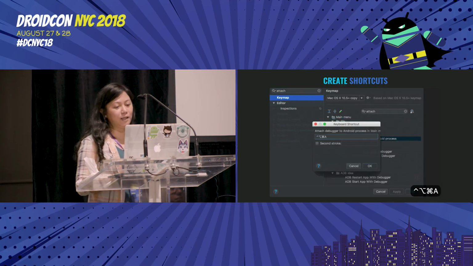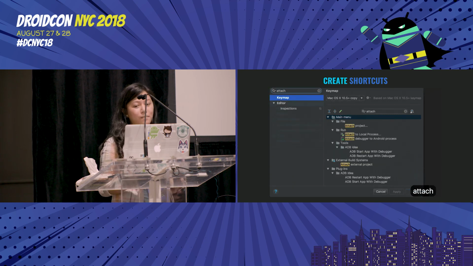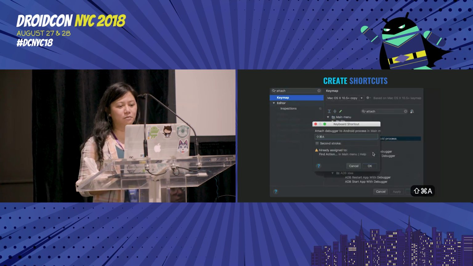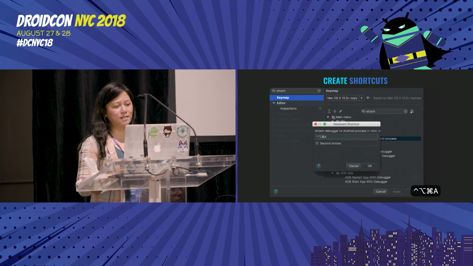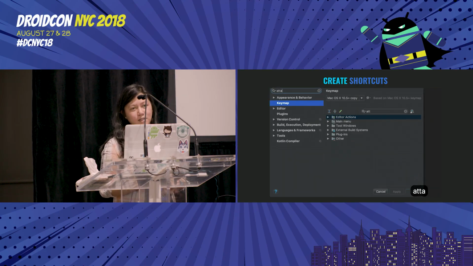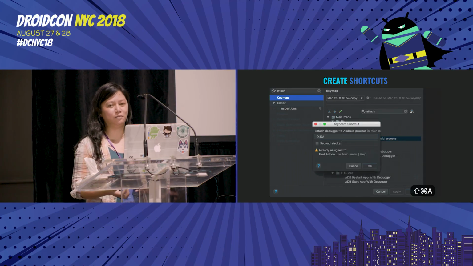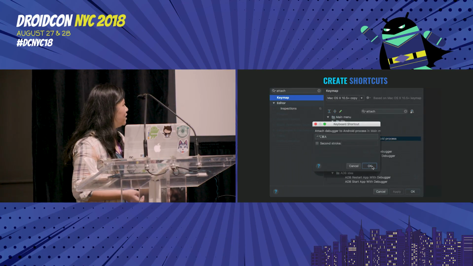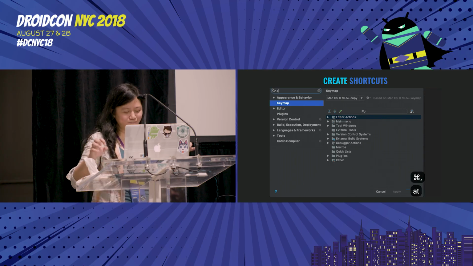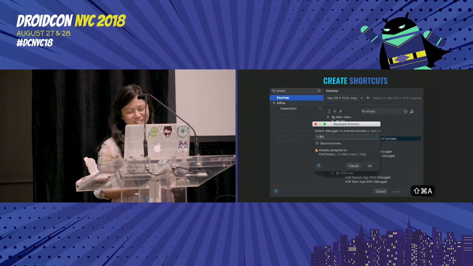So to create the shortcut, we need to go to Preferences using Command comma, search for the action we are looking for, in this case, attach, right-click it to create a shortcut, and try different combinations of keys until we find one that we can use. So I eventually ended up with just jamming all the modifiers together and then A for attach.